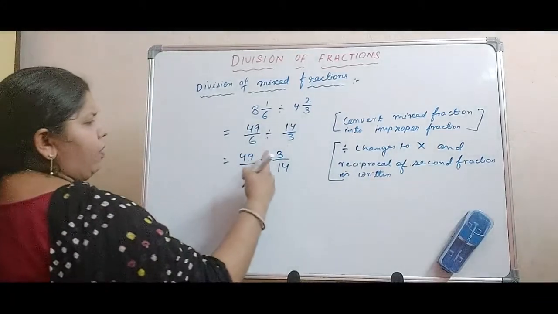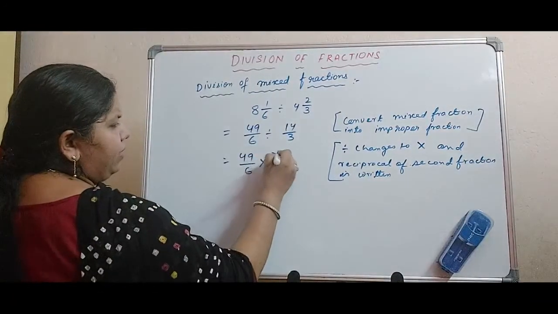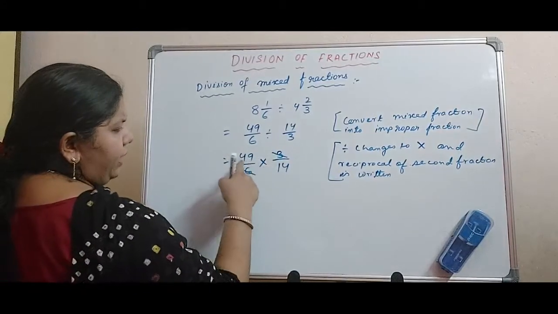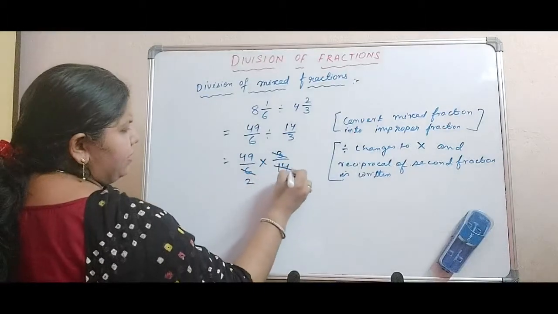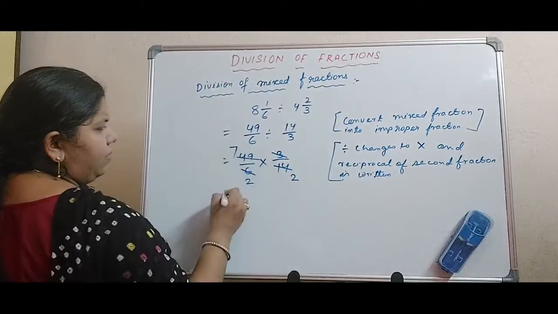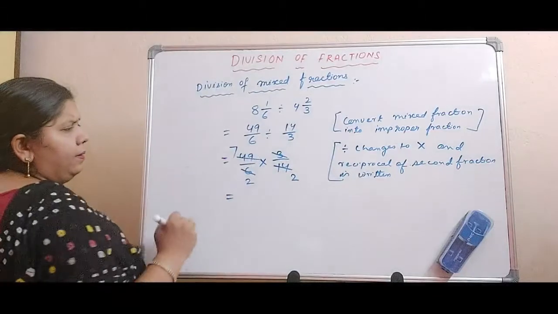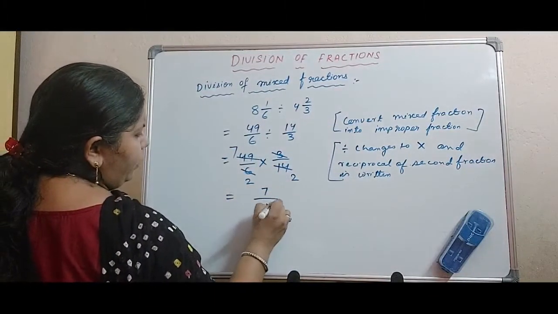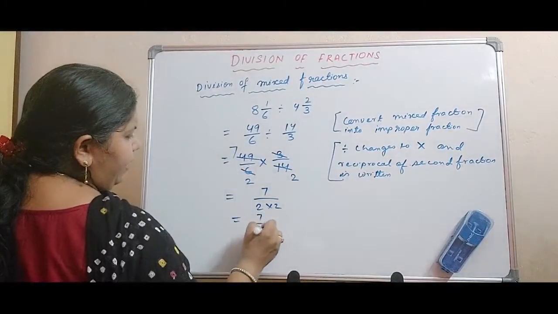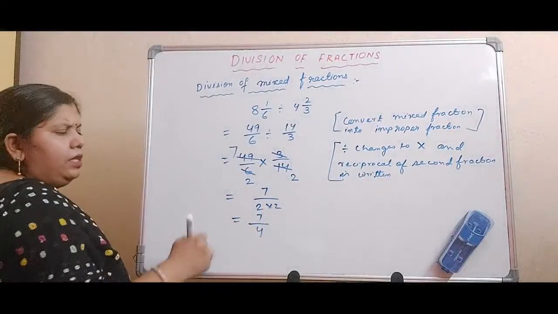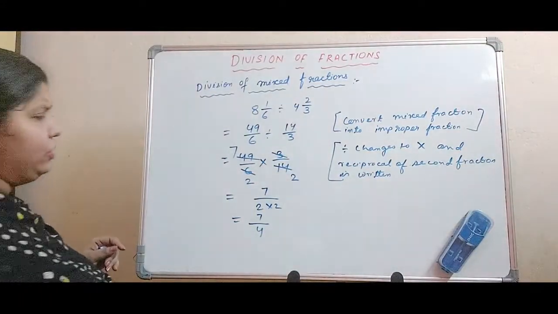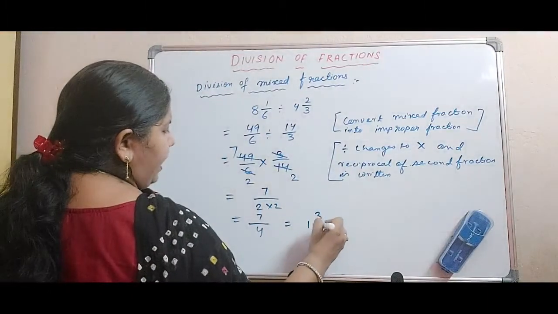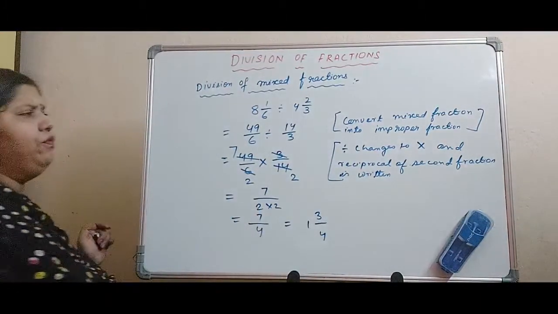You can see there is a common factor between 3 and 6. We know that 3 2s are 6, so it will get cut. 14 and 49 are both divisible by 7. 7 2s are 14, 7 7s are 49. So what we will get? In the numerator only 7 is there, in the denominator it is 2 into 2. So that is equal to 7 by 4. We can convert this improper fraction back into a mixed fraction. 4 ones are 4, 3 by 4. So the answer is 1 3 by 4.